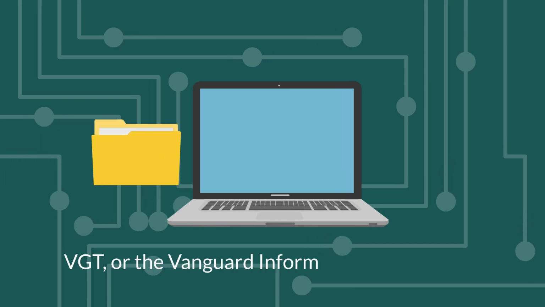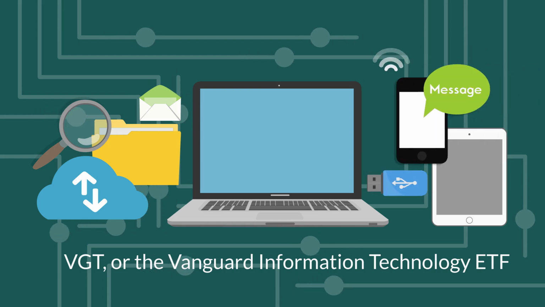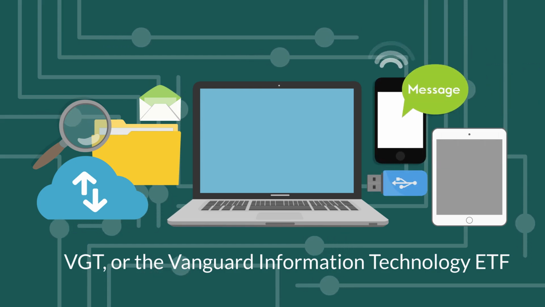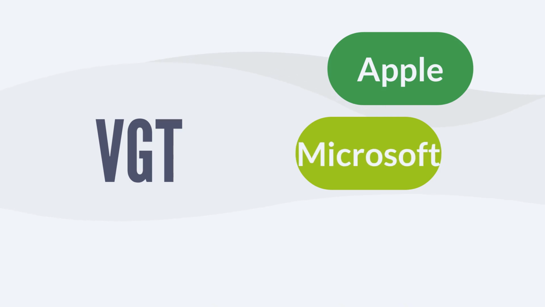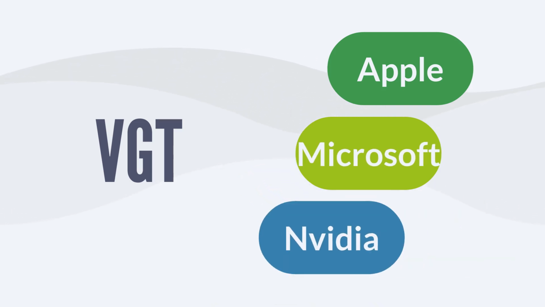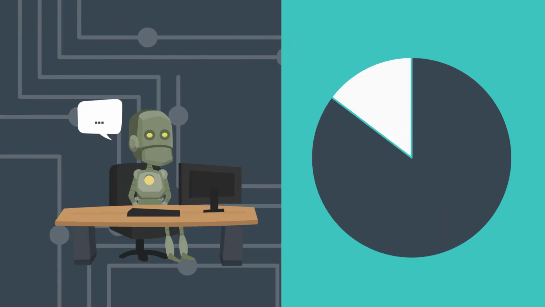On the other hand, VGT, or the Vanguard Information Technology ETF, takes a different approach by focusing on the technology sector. VGT invests in some of the largest and most influential tech giants, such as Apple, Microsoft, and NVIDIA. The primary objective of VGT is to capitalize on the rapid innovation and growth within the technology industry.